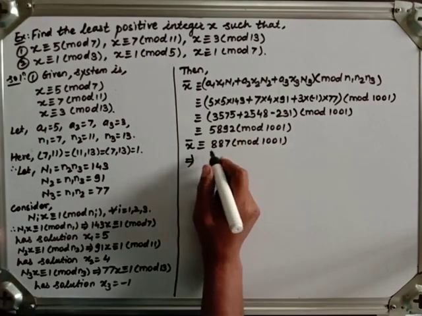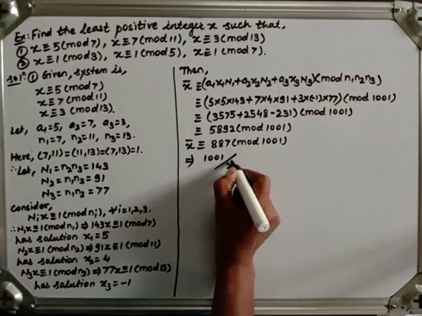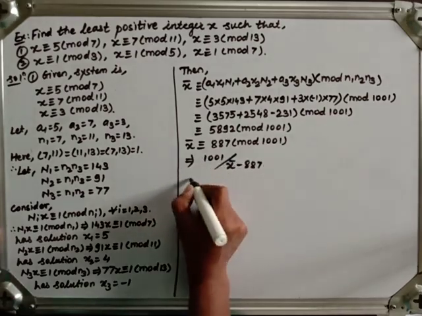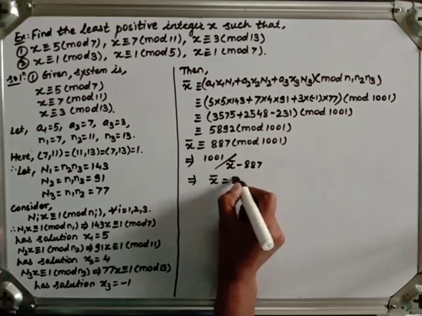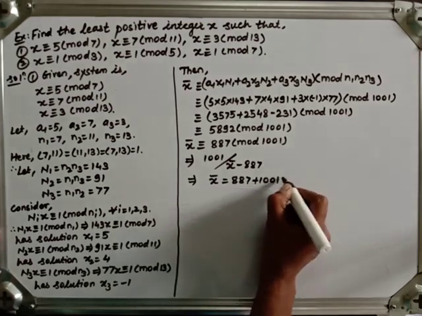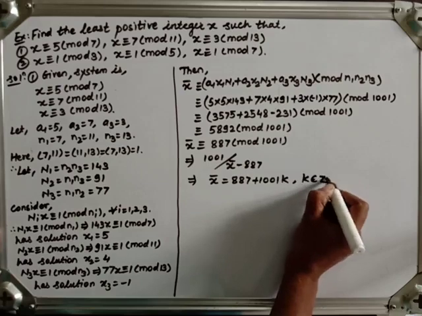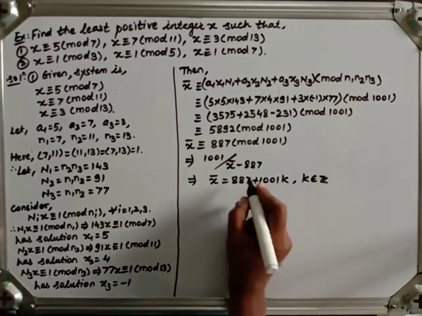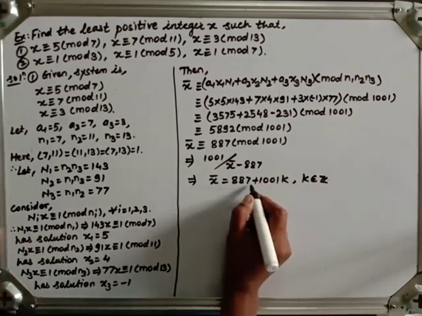So we get 1001 divides x bar minus 887. That is x bar equal to 887 plus 1001k for k in Z. So these are various solutions, and here the least positive integer is how much? 887.